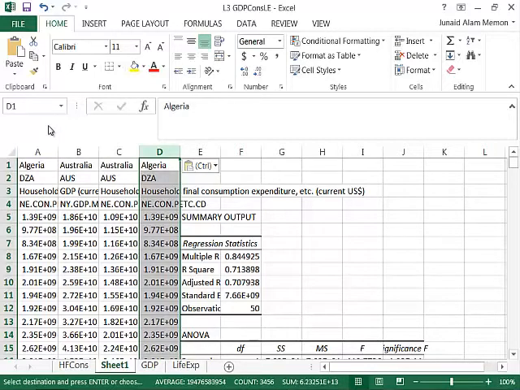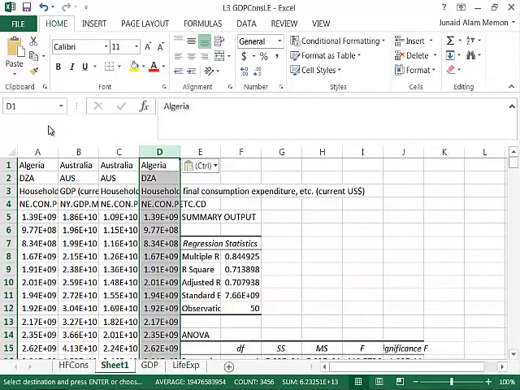Which is the missing variable? GDP is the dependent variable. Which other variable? What is the primary determinant of GDP growth?